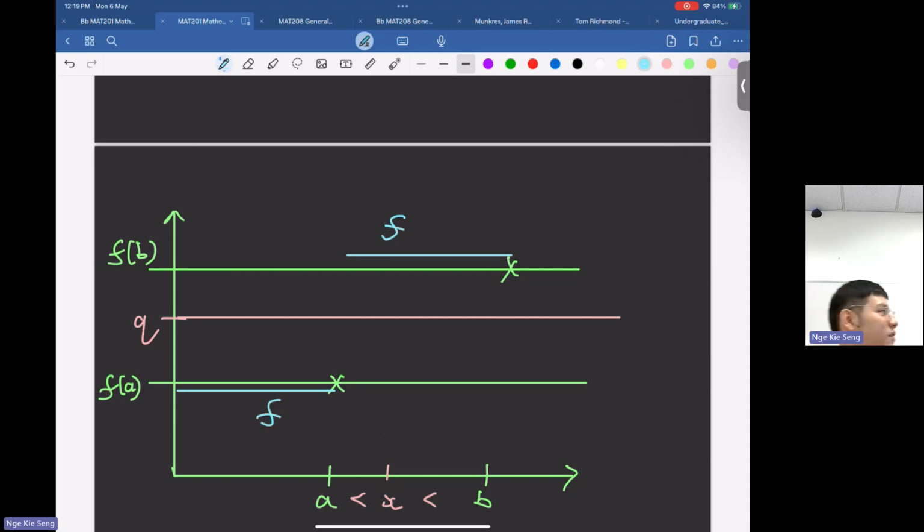But it says that if f is continuous, your f must pass through q. You need to somehow connect f(a) and f(b) together if your function is continuous.